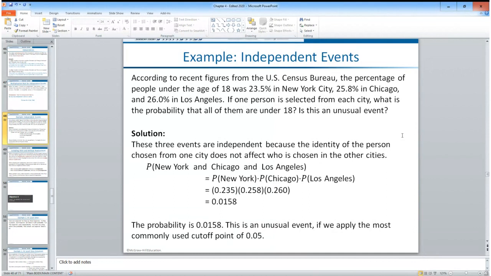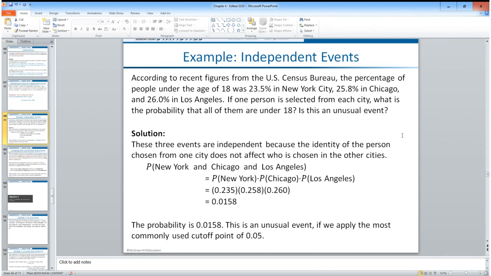But this gives us some census figures about 3 major cities, the 3 largest cities, it looks like New York City, Chicago, and Los Angeles. And they tell us that the under 18 age of folks in New York City is 23.5%, 25.8% in Chicago, and 26% in Los Angeles.